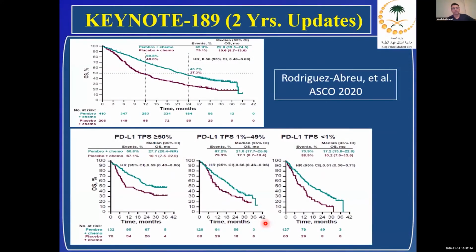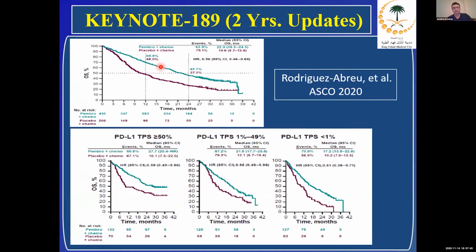The initial data, and probably one of the data that really led to the standard of care that we have right now, is KEYNOTE 189, the trial that looked at chemo combination with immunotherapy. It was mostly a platinum-based doublet with pembro versus chemotherapy alone.